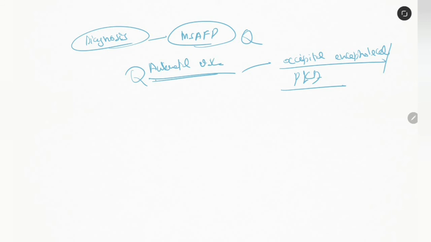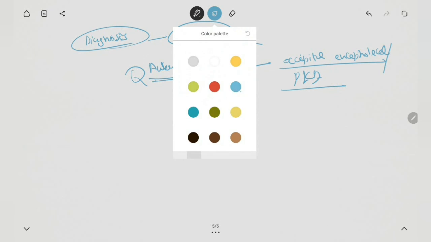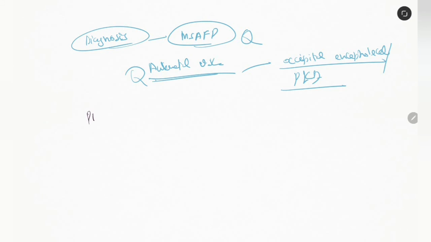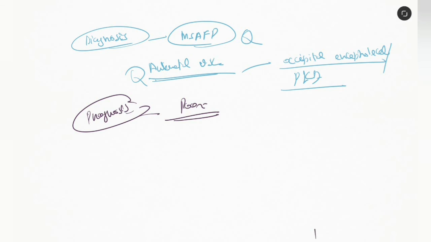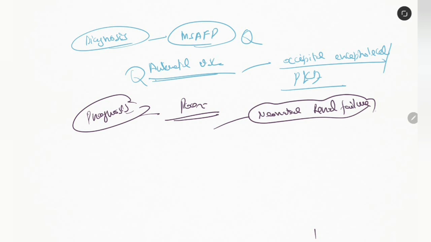So what is the prognosis here? The prognosis of the disease is very poor. The cause of death would be either neonatal renal failure or pulmonary hypoplasia.